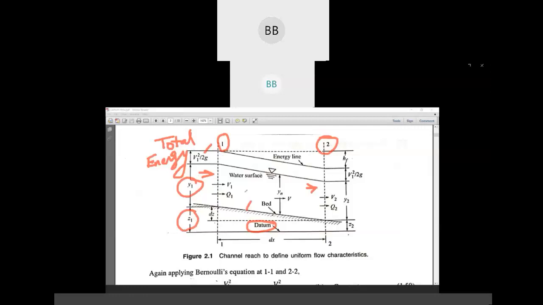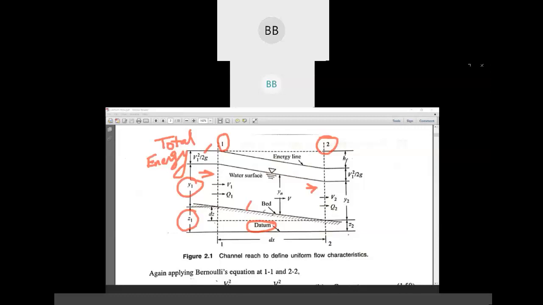When the water flows from the higher elevation, section 1, to section 2, during that process there is a loss, called head loss due to friction, because the velocity may vary because of this friction.